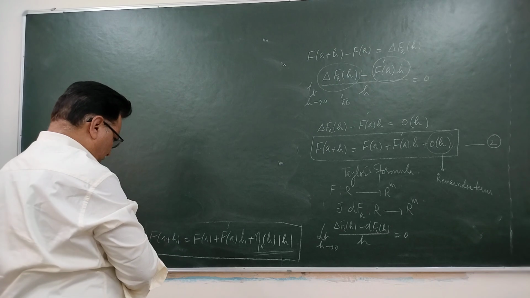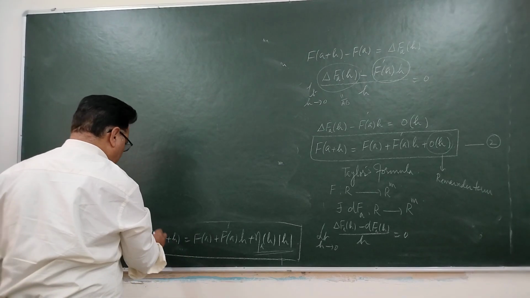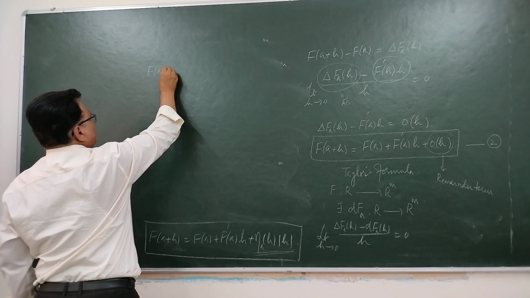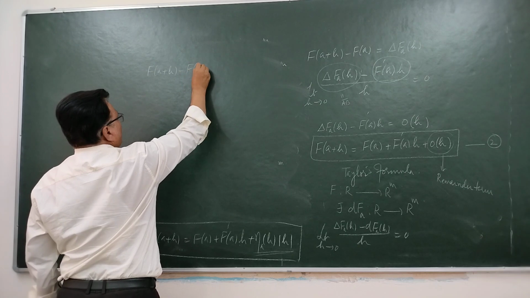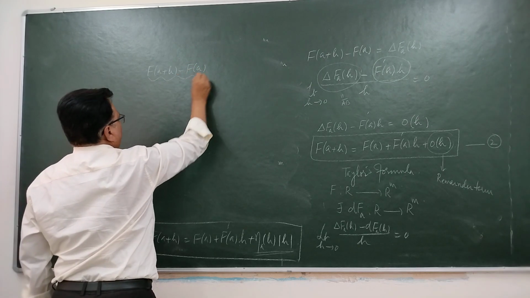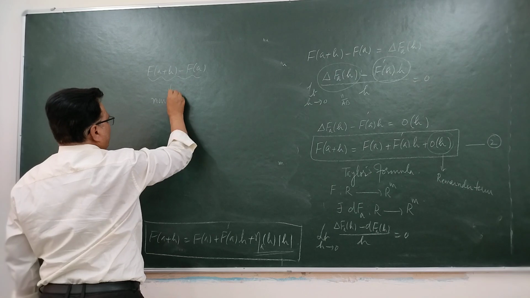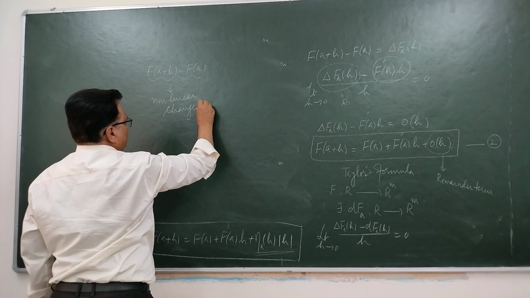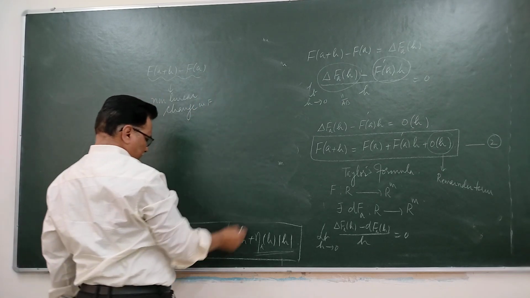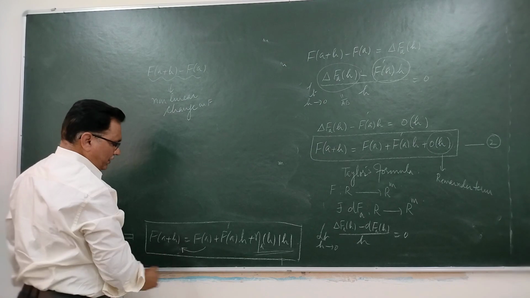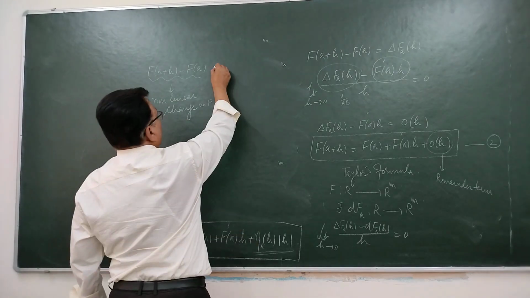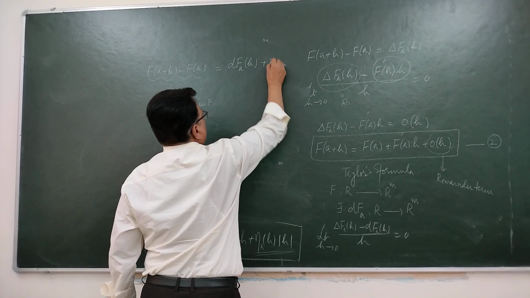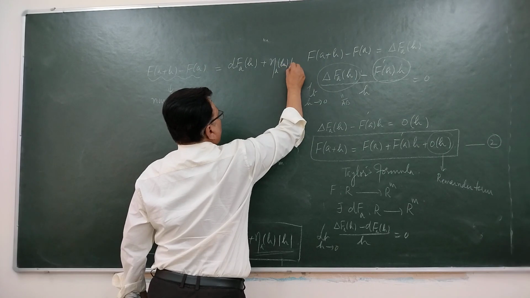Now what we can notice from this last formula is that this f of a plus h minus f a, we are calling it the nonlinear change. This is the nonlinear change in f. Whereas you have brought this term into the left hand side, in the right side you are left with f dash a into h, which you are calling d f a h, plus some eta a h into modulus of h.